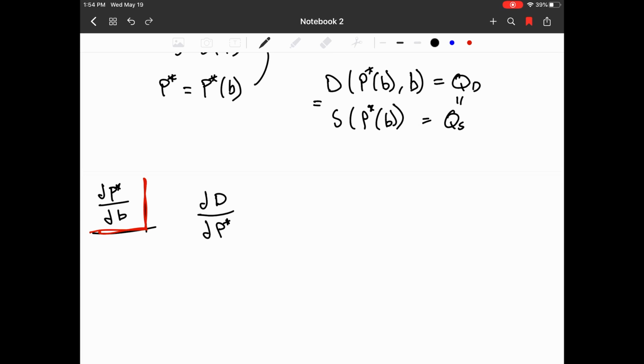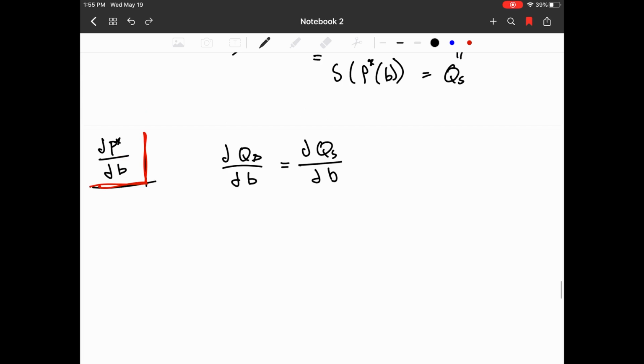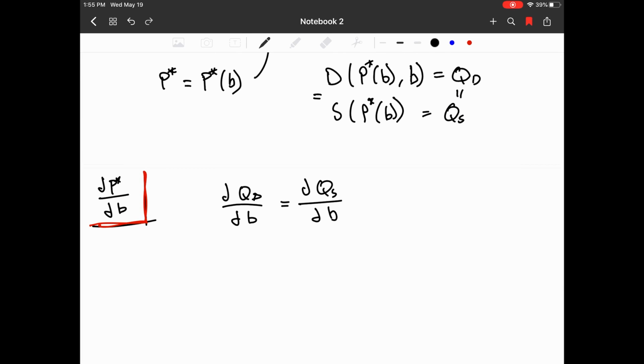So maybe to back things up a little bit, just to be more clear, we're going to differentiate qd with respect to b, and that's going to equal the derivative of qs with respect to b. So to write this out more formally, the derivative on the left-hand side is the derivative of d with respect to p star.